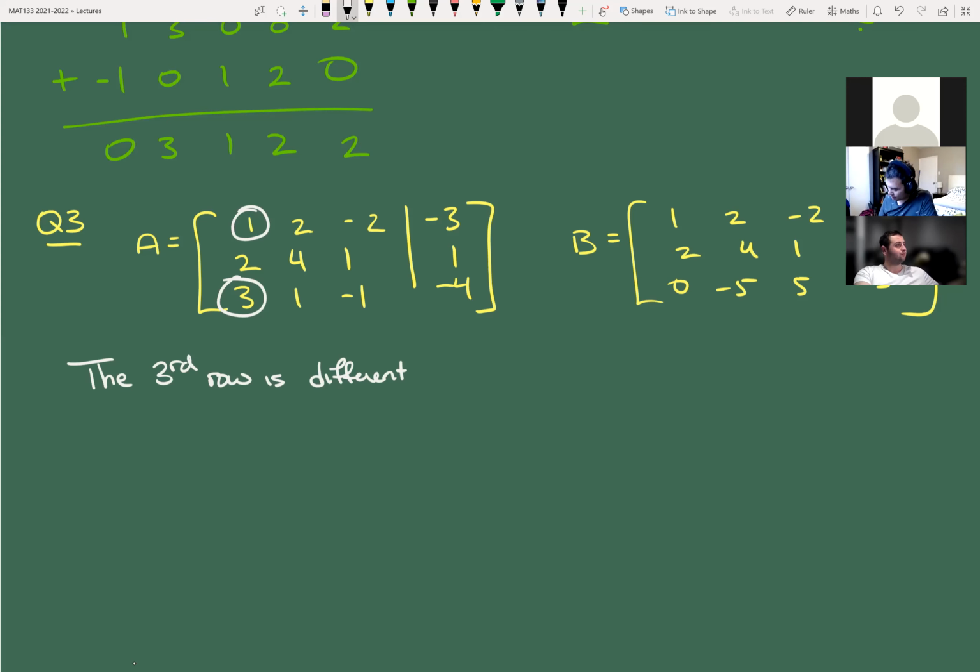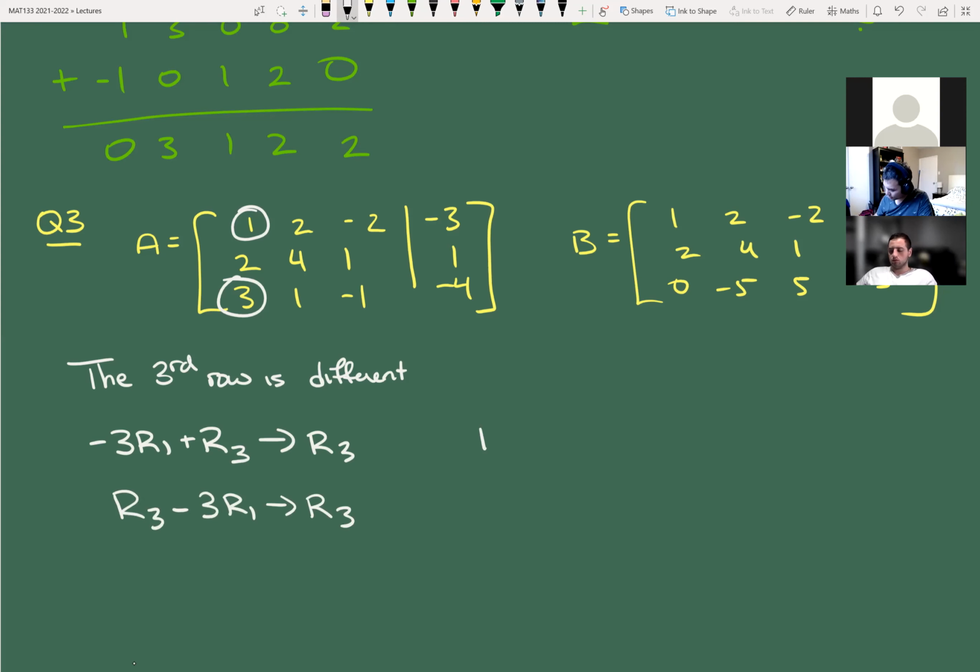So I'm going to do -3 times R1, add it to R3, and then put that in R3. Now, of course, if we'd written that in another direction, this is the exact same thing. We could have written it as R3 minus 3R1. That's the same thing. Okay, and let's do that and find out.